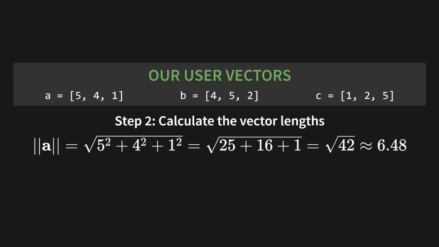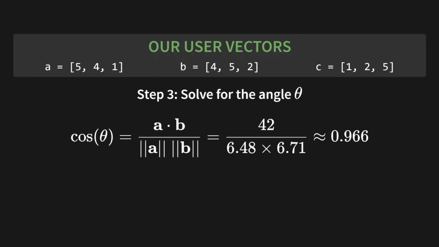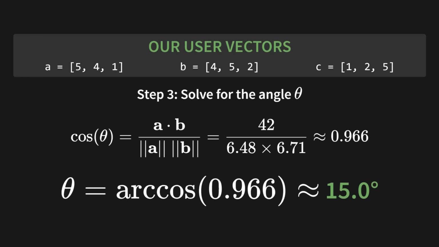The length of B is the square root of 4 squared plus 5 squared plus 2 squared. That's 16 plus 25 plus 4, square root of 45, about 6.71. Almost there. Step 3. Solve for the angle theta. We rearrange the formula. Cosine theta equals A dot B divided by the length of A times the length of B. So that's 42 divided by 6.48 times 6.71, which gives us about 0.966.